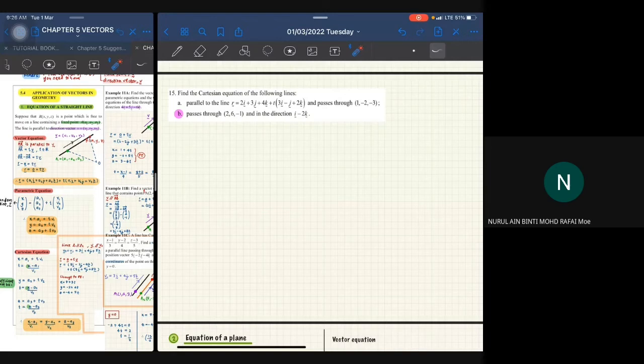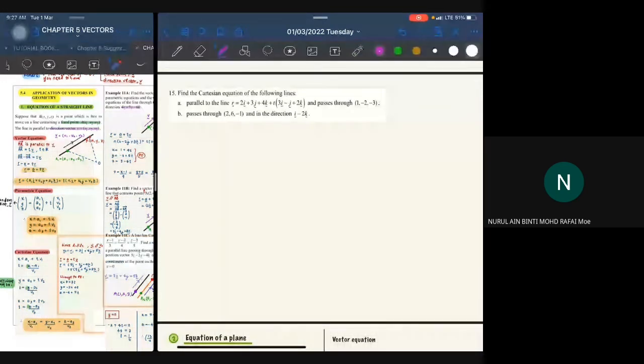Okay, so try to do number 15A. Tak nak B. A. This one. Okay, so dia punya clue dekat sini saya bagi, dia parallel, so dia punya direction vector dia akan sama dengan the line. Okay, so saya lukiskan bawah.